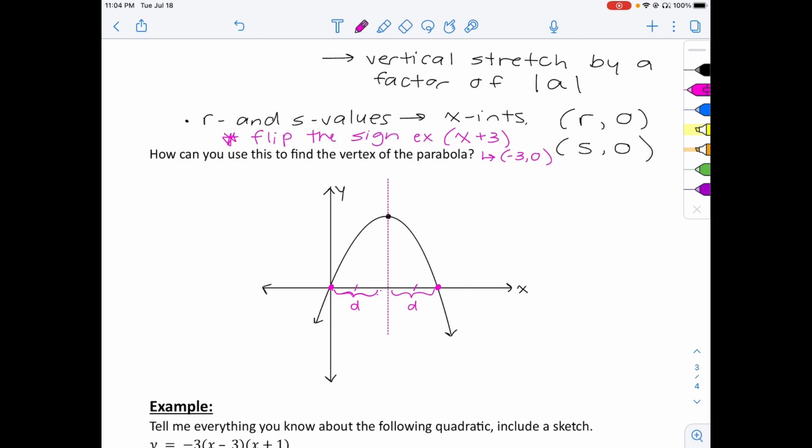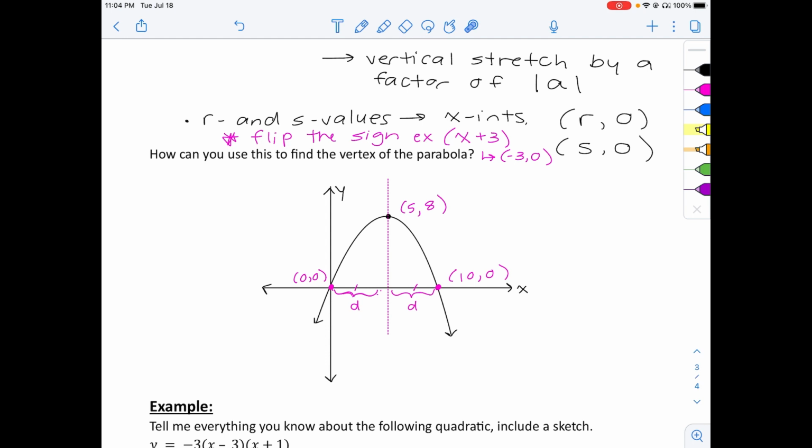Let's say this point here we can see is (0, 0). If the vertex was, let's say, (5, 8), from 0 at the origin to 5, that is moving 5 units over. So then this would be at (10, 0).